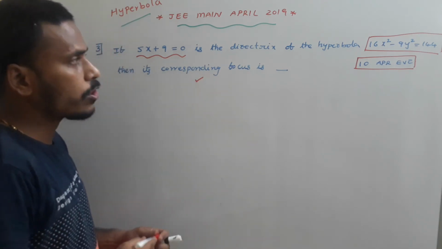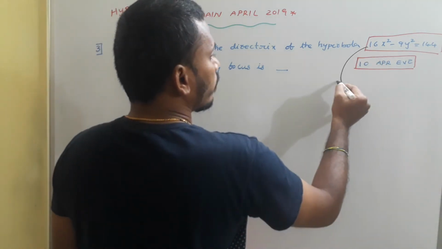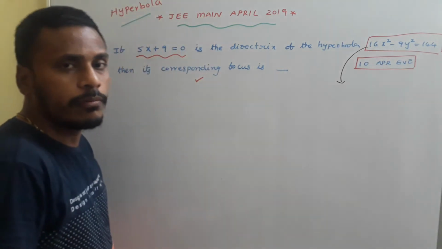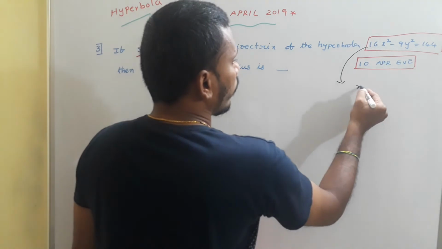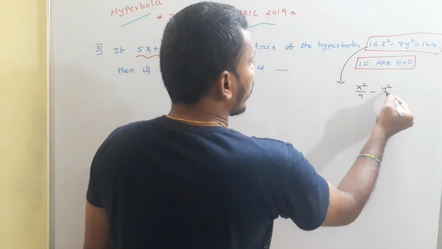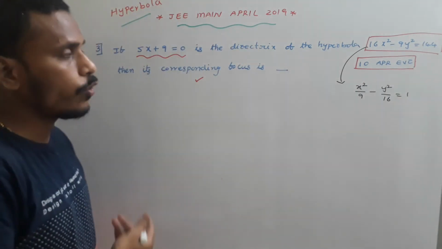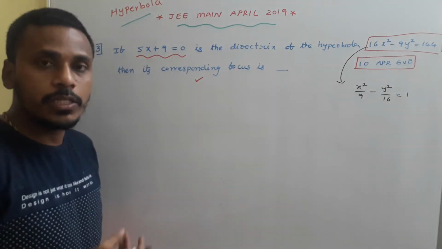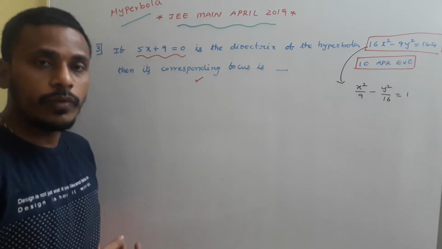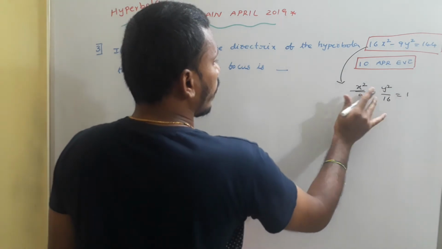Okay. First of all, just try to express this hyperbola in its standard form by dividing by 144. You will get x square by 9 minus y square by 16 is equal to 1. Is it right? If you divide everything by 144, x square by 9 minus y square by 16 is equal to 1, and this 9 is nothing but 3 square.